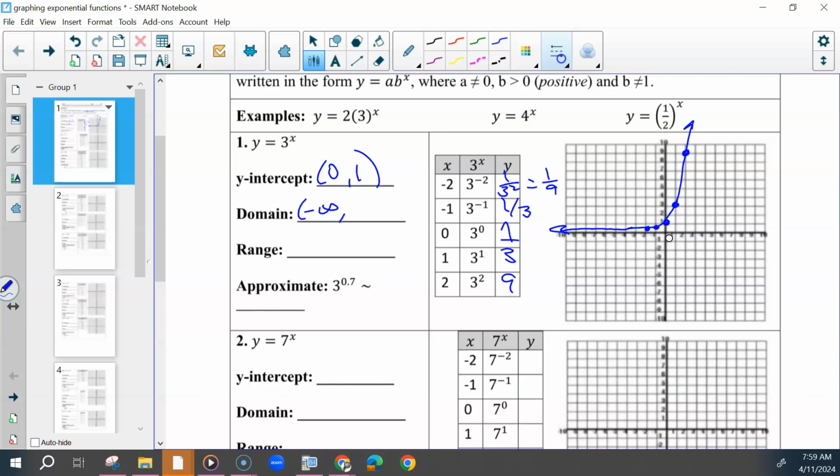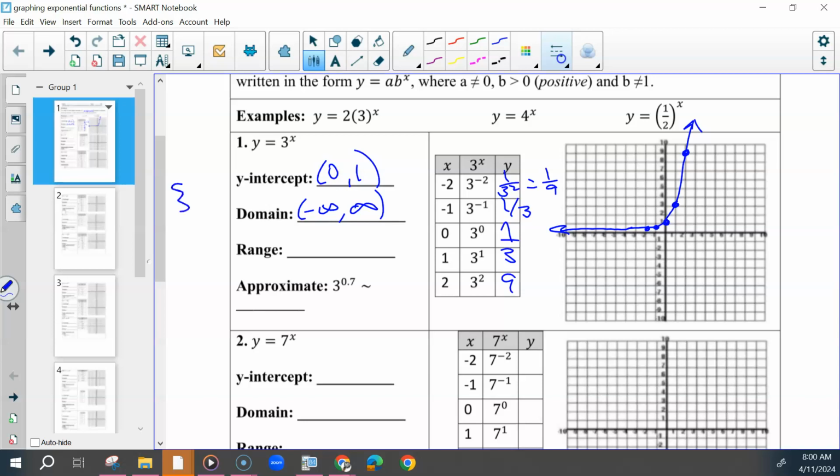It ends when x equals 2. Or does it go past that? It goes past that to where? The arrows mean it keeps going. So just like our quadratics, our domain for this will also be all real numbers, negative infinity to infinity.